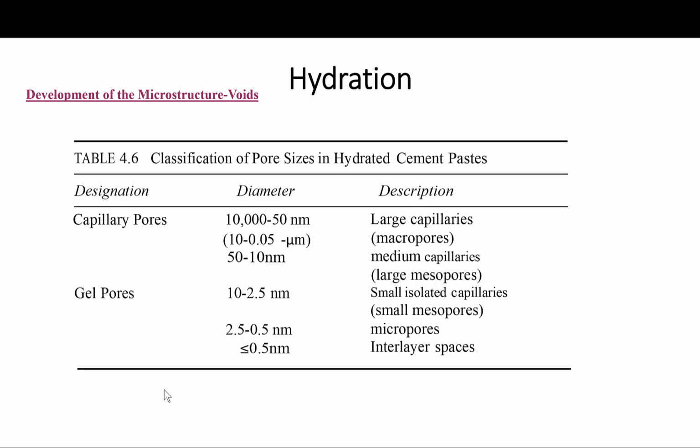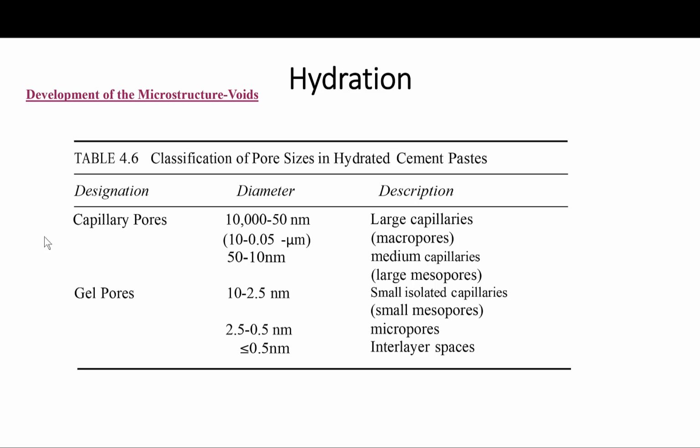As you can see, this means that the water that occupies the pores plays many different roles. So it is useful to make a distinction between the capillary pores and the gel pores in the hydrated cement paste.